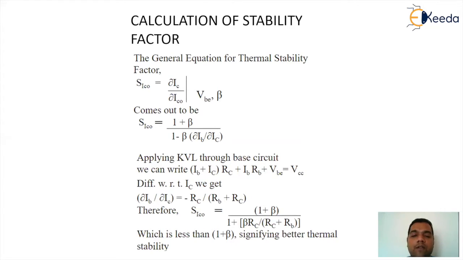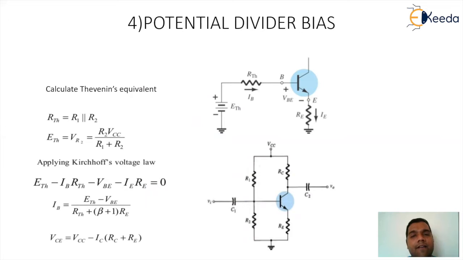If you observe, normally when you compare stability, as you get the impact of feedback in the circuitry, the stability factor will keep on reducing and the stability of the circuitry will keep on increasing.